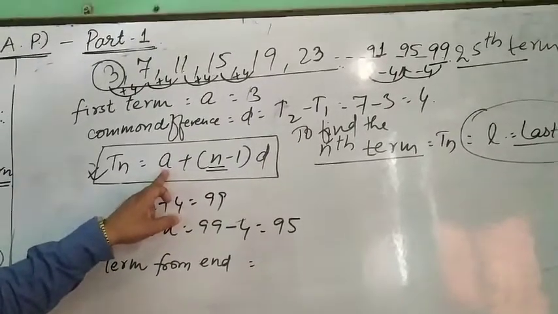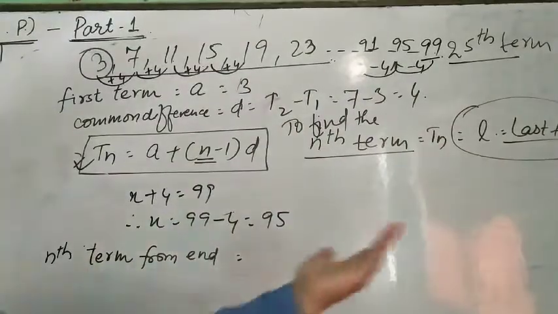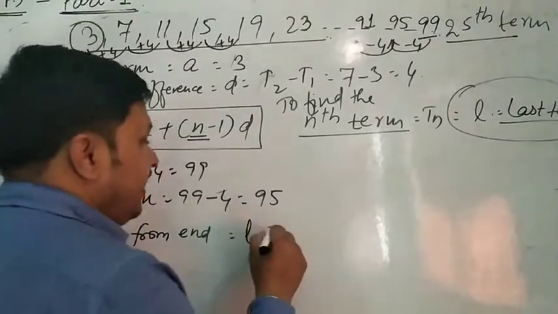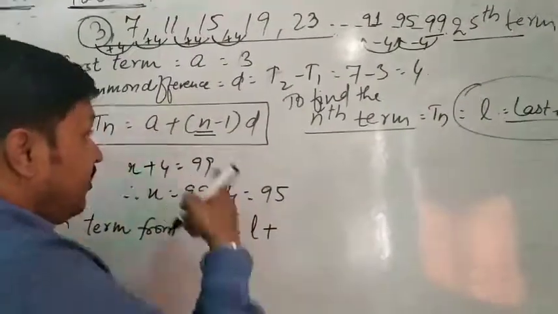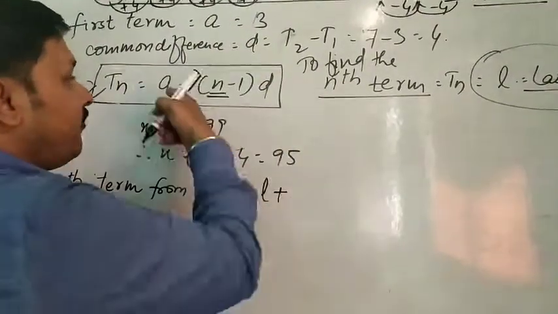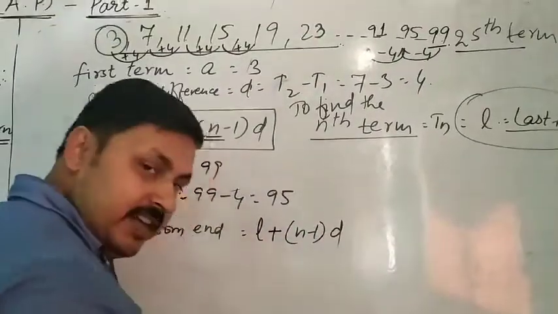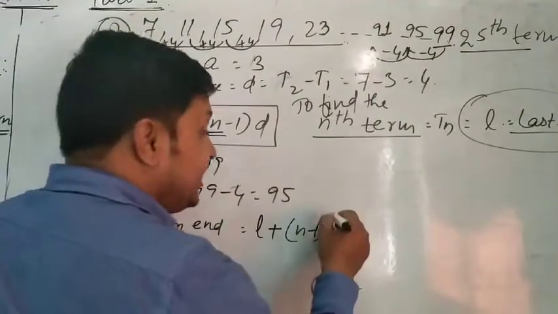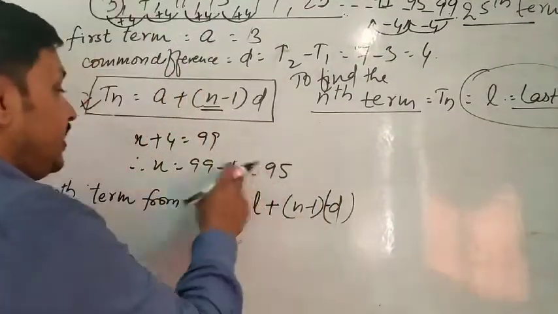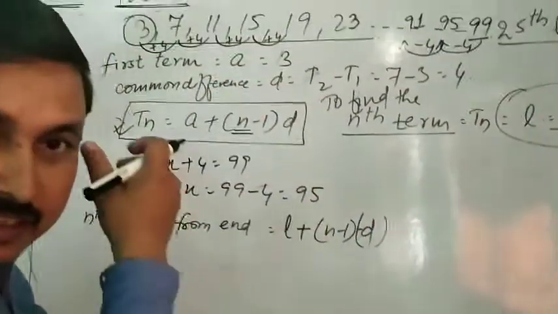So in the nth term from the end, we write first the last term, that means L. Your formula for that is A plus n minus 1 into D. Here the formula is L plus n minus 1 into D, but here your D is negative, it should be subtracting.